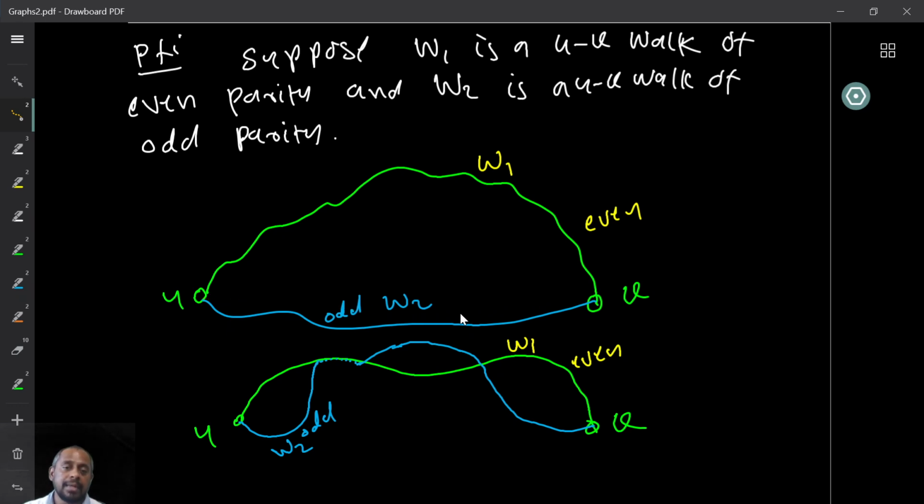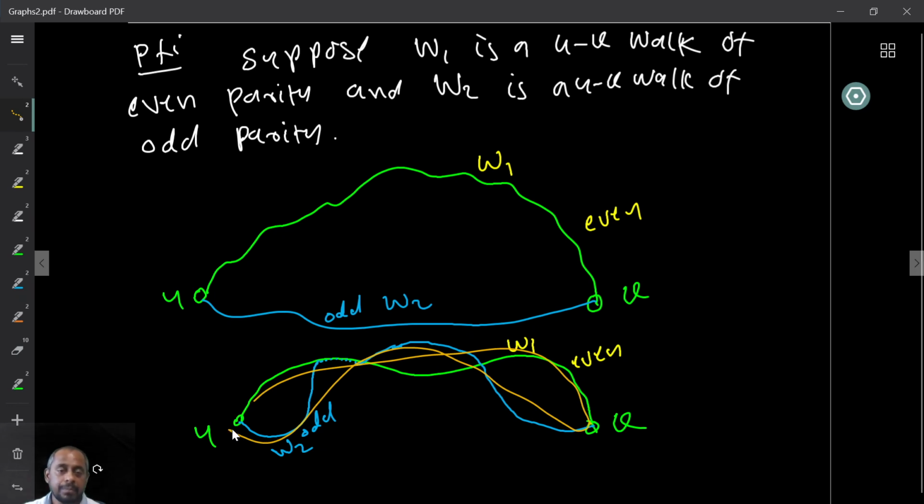If you remember, I asked you to prove that if you have a closed walk of odd length, then it must contain an odd cycle as a subgraph. It doesn't matter whether the walks are intersecting or not. We never use that fact. We just said that I can go from u to v taking one walk and from v to u taking the other walk, and they could intersect. It doesn't matter. It is still a closed walk and it has odd length.